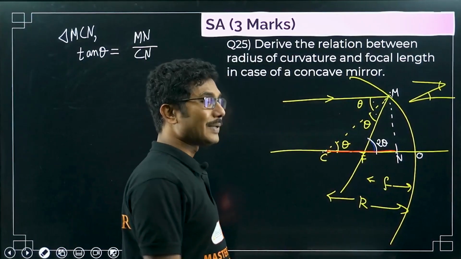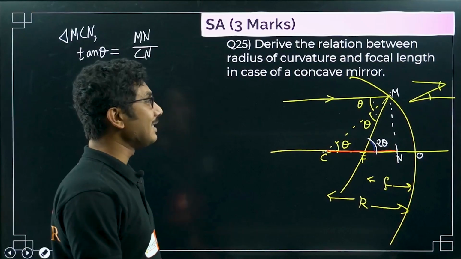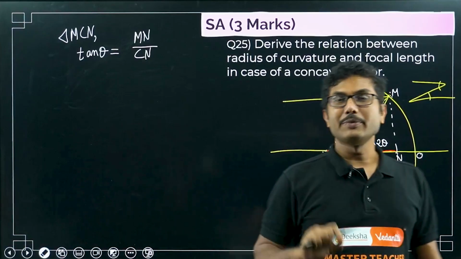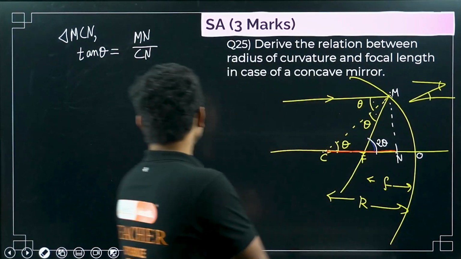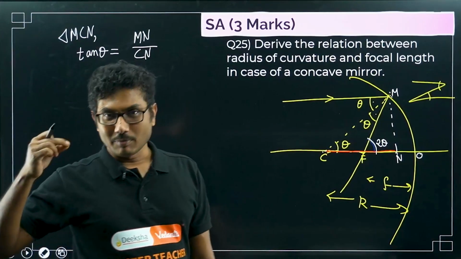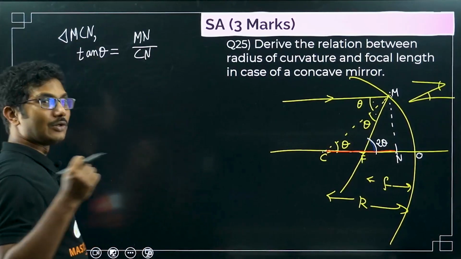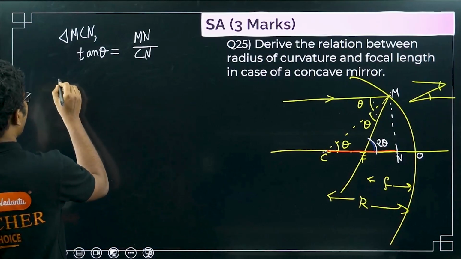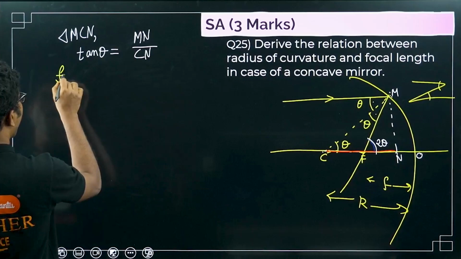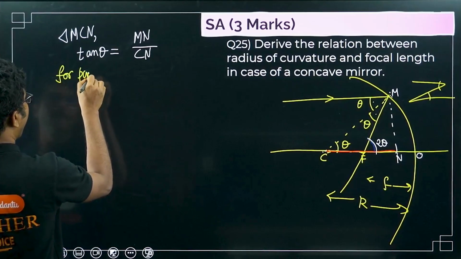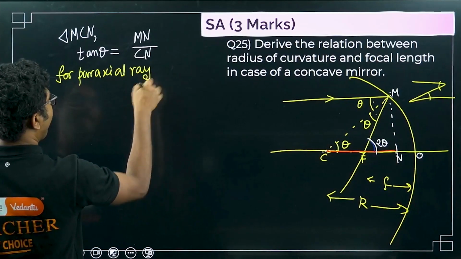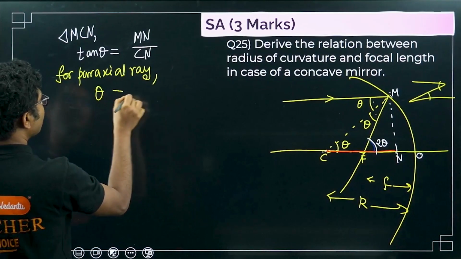So what will happen if it is a paraxial ray? The value of the angle of incidence will be very, very small. So in that case, if the angle of incidence is small, tan theta equals theta.